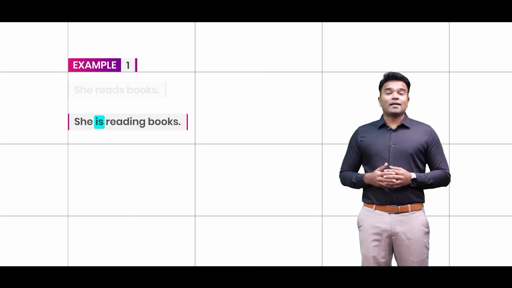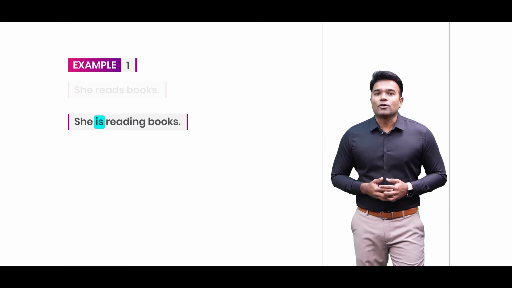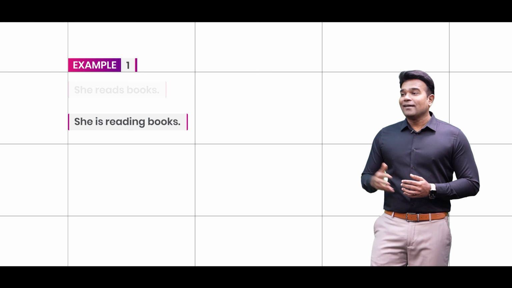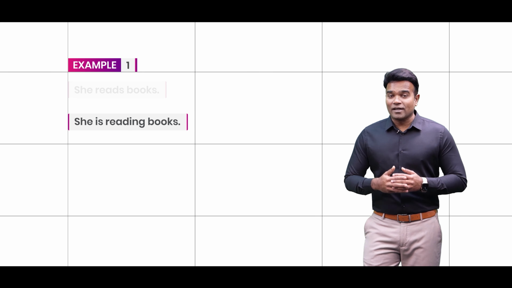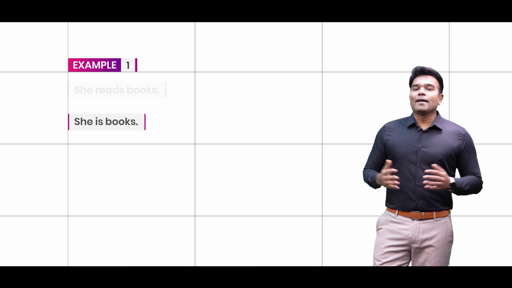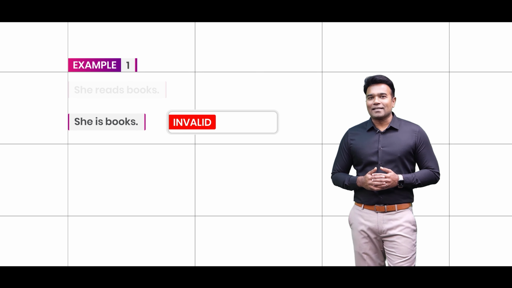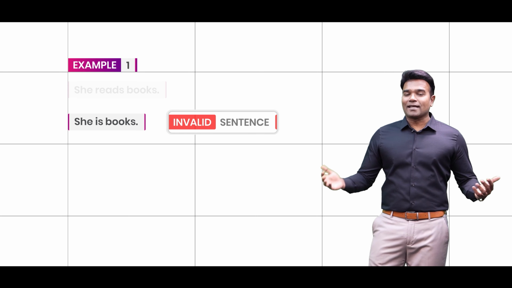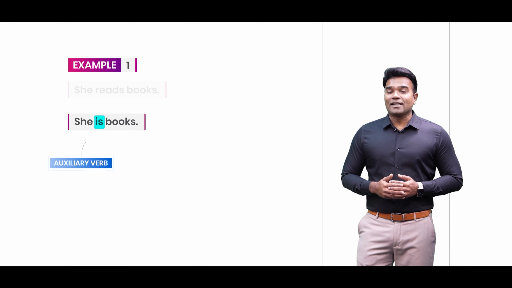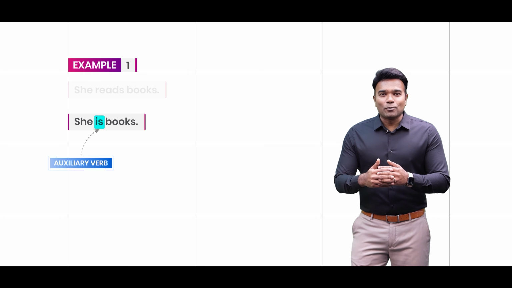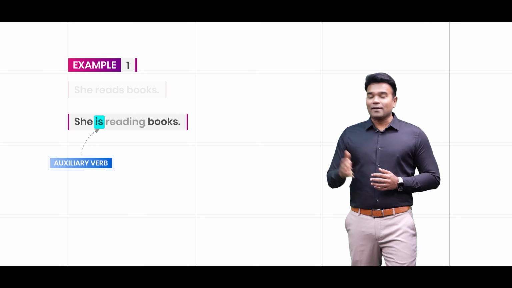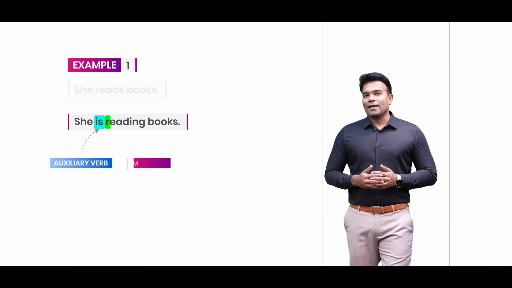In fact, is cannot stand alone also. What I mean to say is that just in case I happen to remove the main verb from this, then it becomes she is books, which is meaningless. In other words, what it means is that the auxiliary verb is always requires the support of the main verb, and here the main verb happens to be reading.